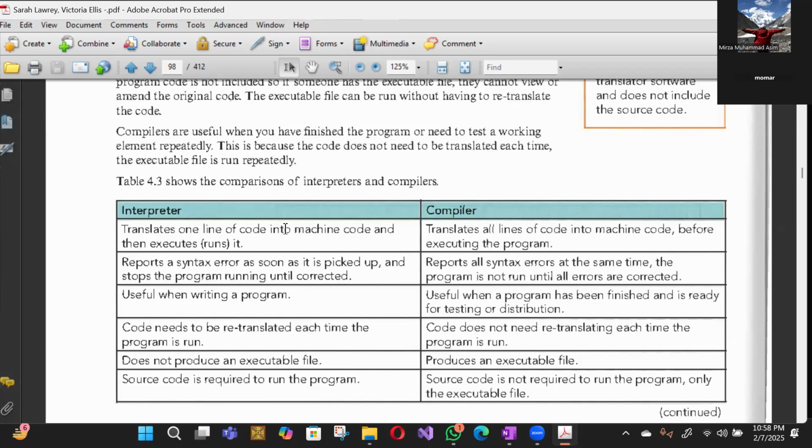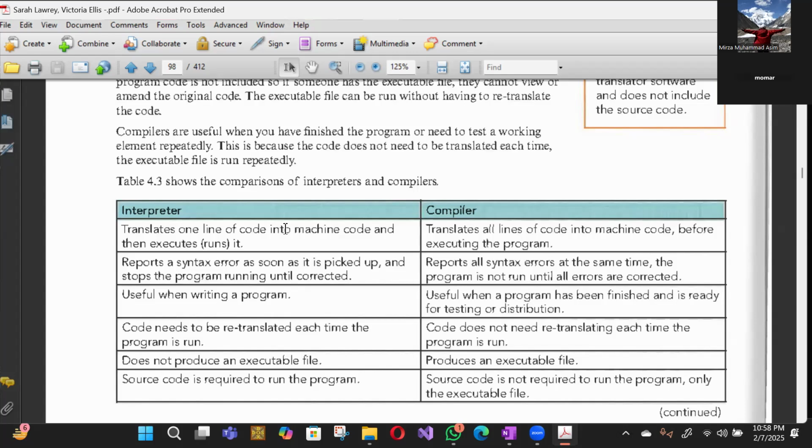Umar, clear? Okay, an interpreter is very useful when you are writing the program, on the development stage, and a compiler is very useful when a program has been finished and is ready for testing or distribution.